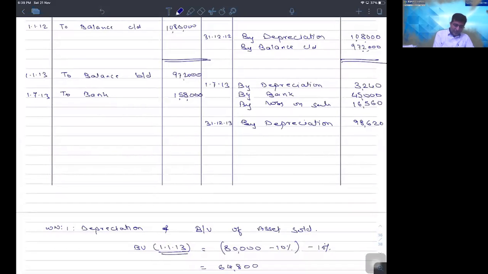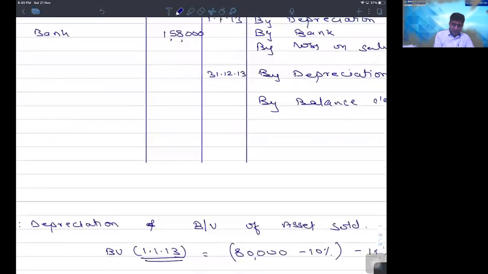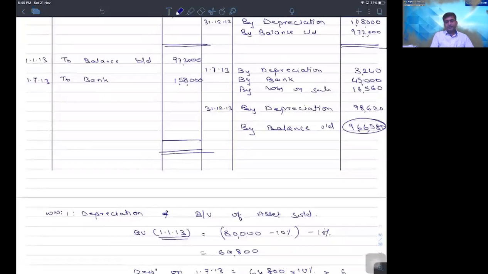And therefore, by balance carried down comes to 9,66,580. Do people understand this?